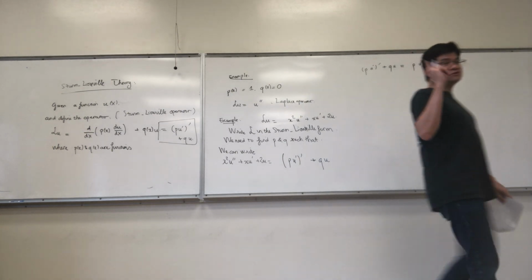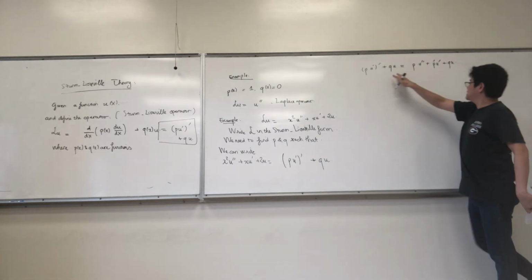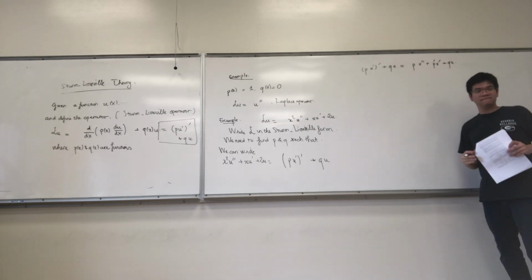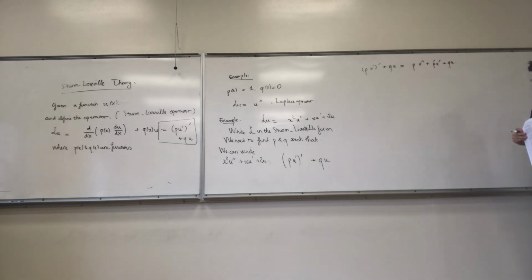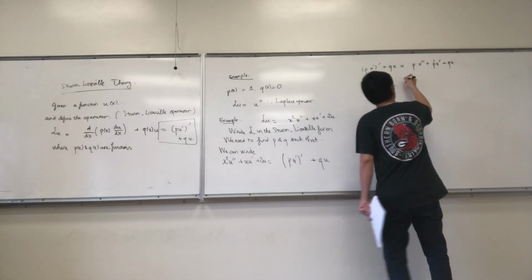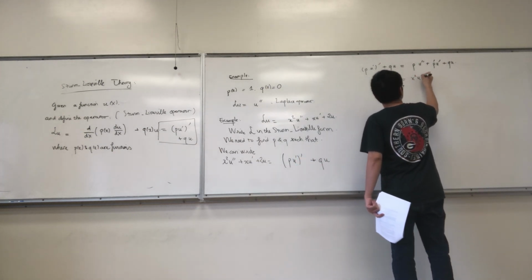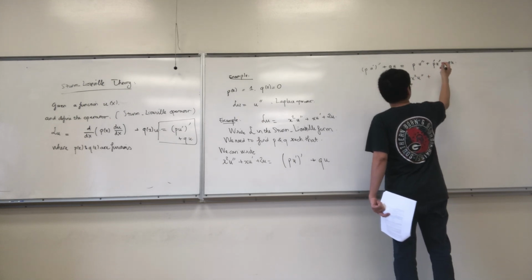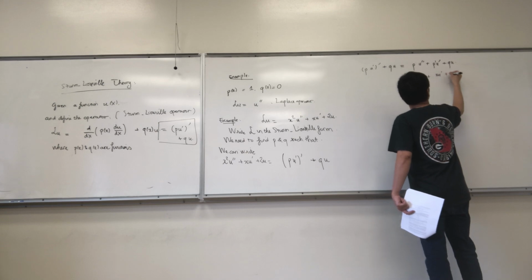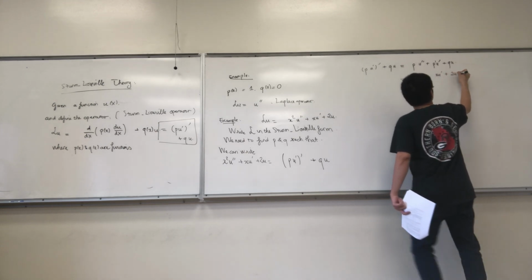In order to do that, you just do it backward. You expand this and you have P u'' plus P' u' plus Q u. It's clear? Now we identify the coefficients. So this gives you x squared u'' plus, this is P' x u' plus 2u.